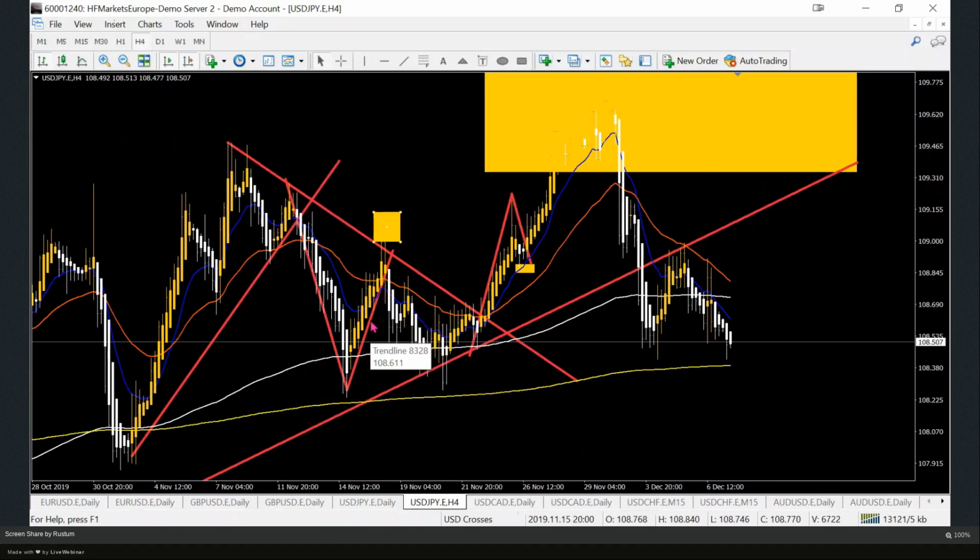I'm looking, where am I going to get my continuation of that trend if it's going to continue? So what we're identifying on the daily is a break of the trend, and then we're jumping to the 4-hourly, retracing to either one of those 3 things: 12, 36, or a trend line. If you get a trend line with a confluence of the 36, that's the best.